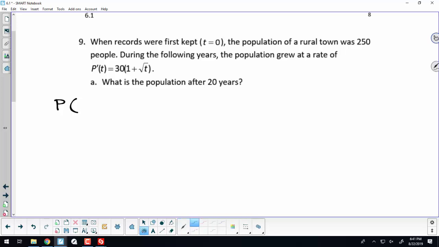And this is that last one on the previous page. So we want to know what is the population after 20 years. We want to know P of 20.